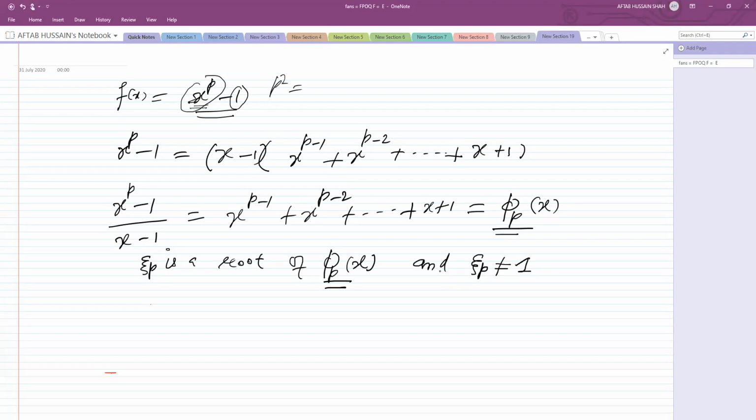Zeta p is not equal to 1. Now you take this polynomial, phi p of x plus 1.